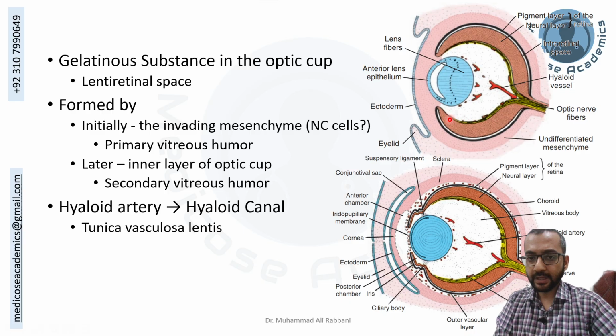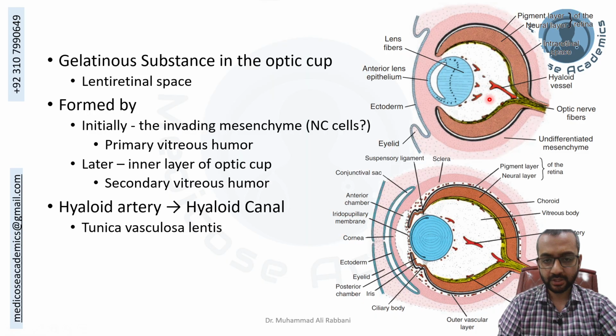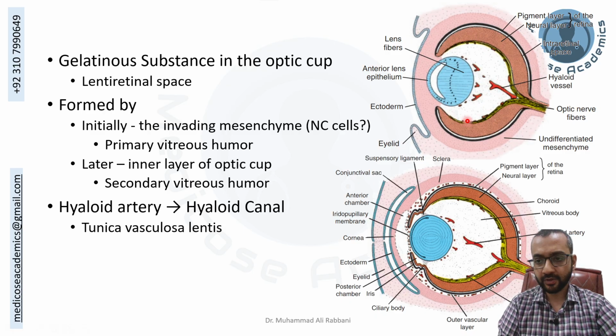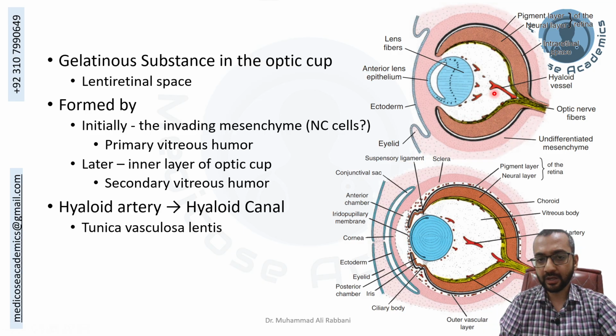As the maturation goes on, this inner layer of the optic cup also helps in the production of the vitreous body. This is a gel-like substance and it's covered by a membrane. So there will be a membrane outside and gel inside.